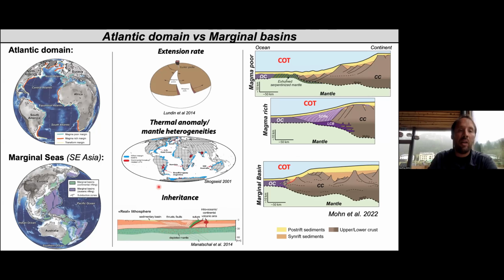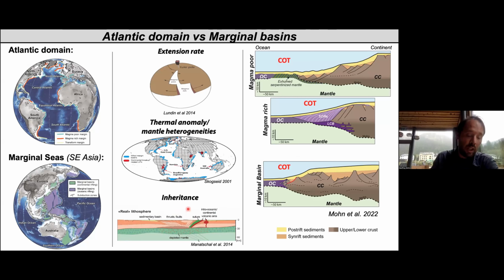You have no thermal anomalies associated with that. While in the marginal seas, you have fast extension rate, you have strong inheritance, a strong thermal state at the beginning of the rifting. Therefore, you will promote fast breakup during the final stage of rifting.